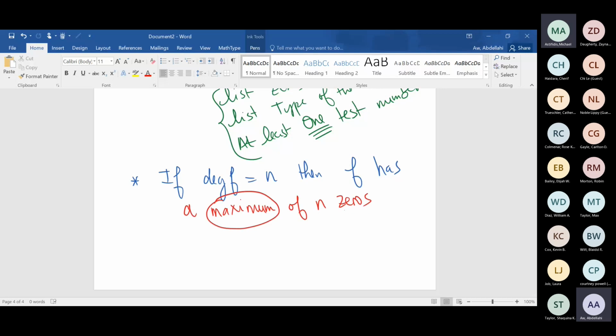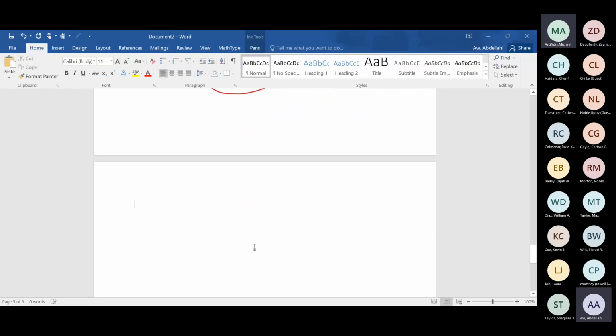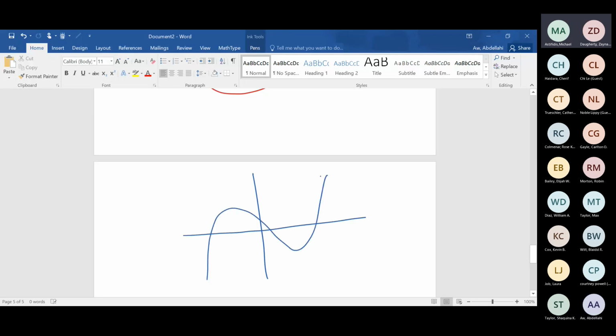Okay, so for instance, right here, how many zeros do you see for this graph? 3. This graph has 3 zeros, right? 1, 2, 3 zeros.